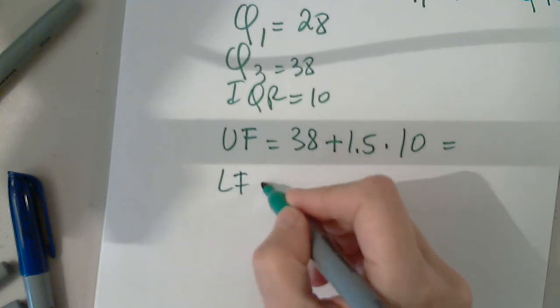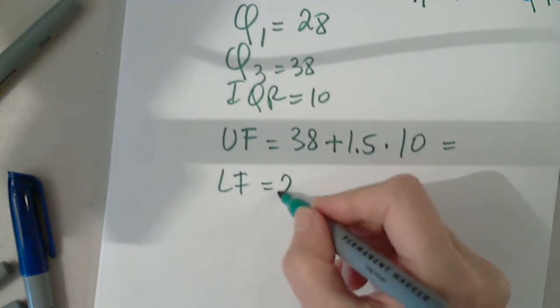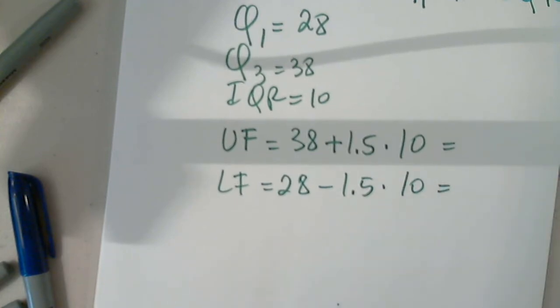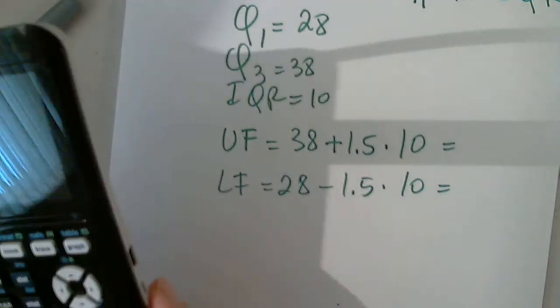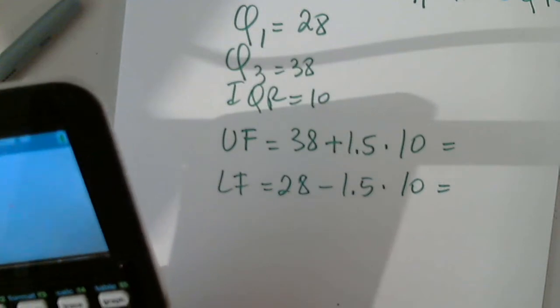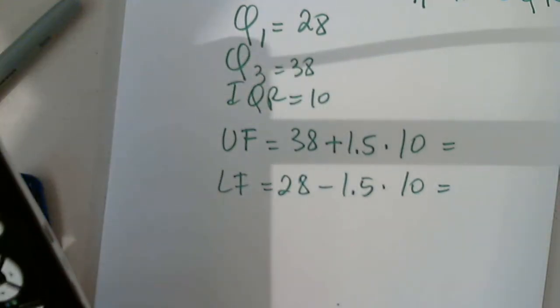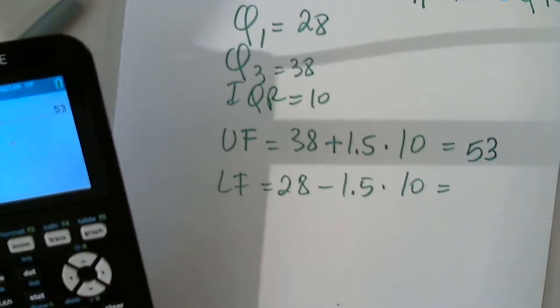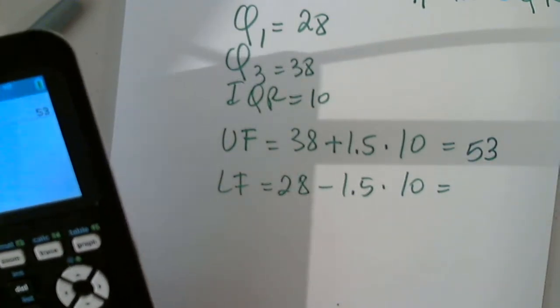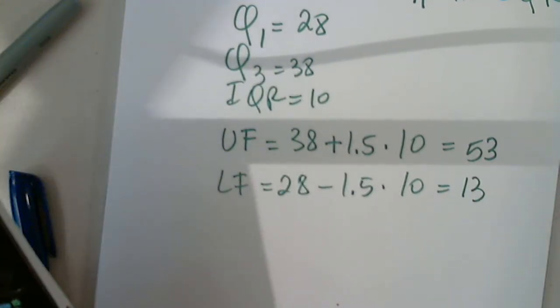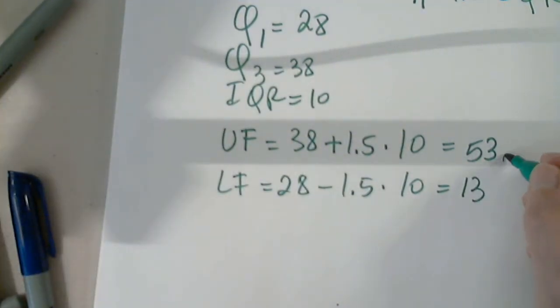The lower fence is the first quartile, which is 28, minus 1.5 multiplied by 10, and let's calculate both now. So 38 plus 1.5 times 10, I'm getting 53, and 28 minus 1.5 times 10, I'm getting 13. Of course, all these for our data set are miles per hour.